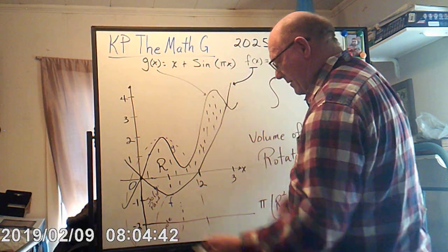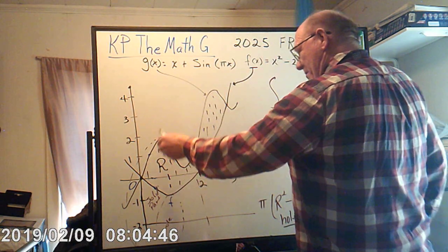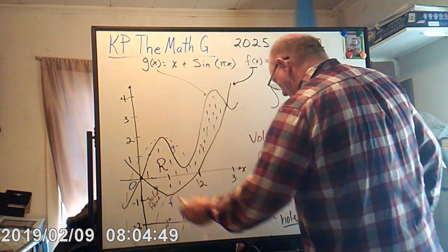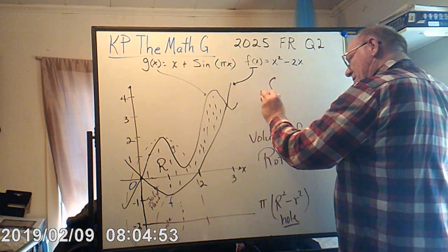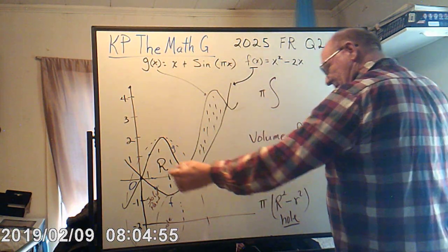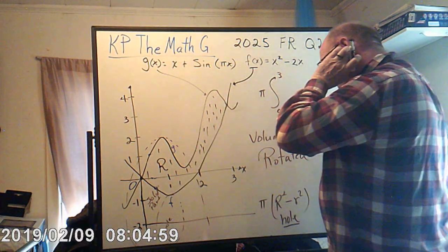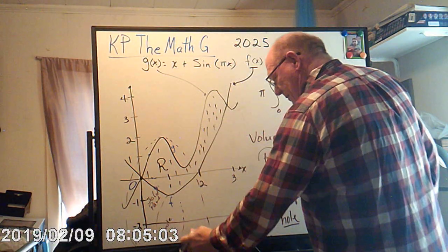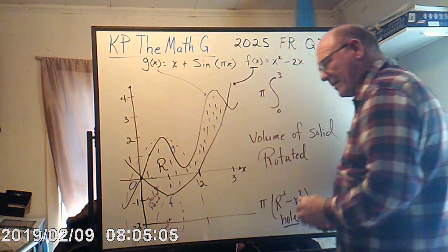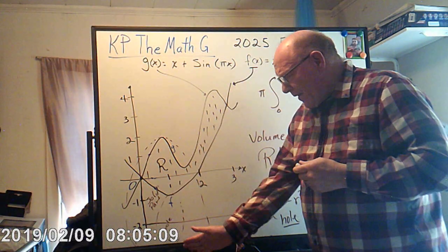Alright, so here's how it's done when you have two equations right here. Remember, g is on top and f is on bottom, so I need to realize that. And I always start with pi. I am still going from 0 to 3. Now, the R is right here. Now I just need to realize how far that is.